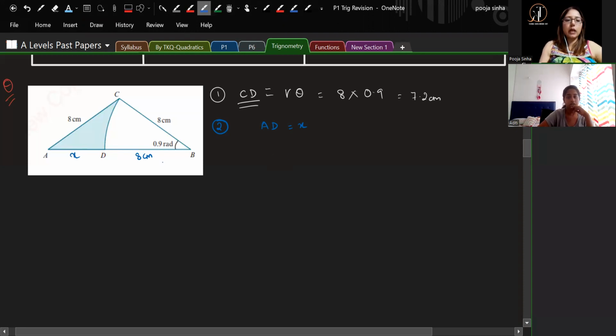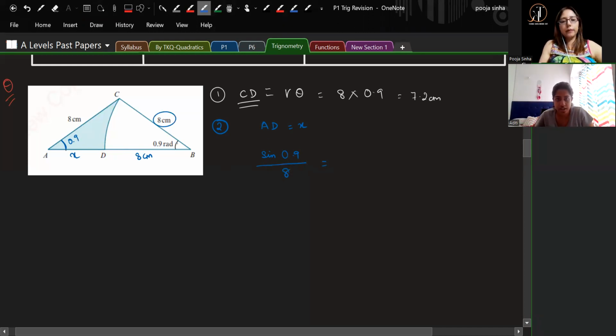Okay, so sine A I will take as, I don't know what angle this is, right? Do I know it? It will be 0.9 only, because sine of 0.9 divided by the opposite side, which is 8.